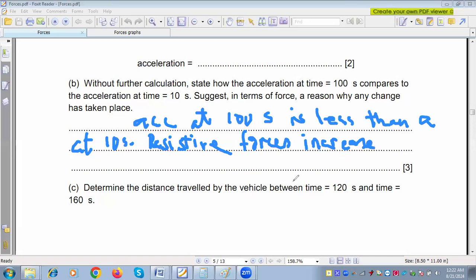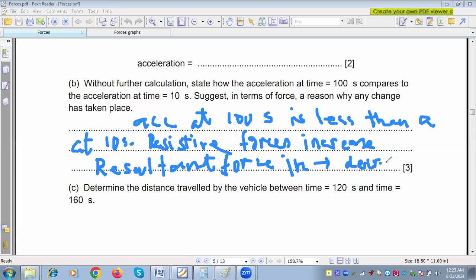They adjust their value with the speed of the vehicle, with the speed of the diver, etc. So resistive forces increase. So the resultant force in the forward direction decreases. Acceleration is due to unbalanced force, so that unbalanced force in the forward direction decreases.